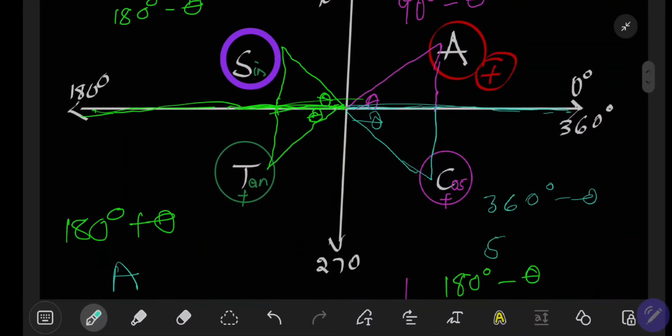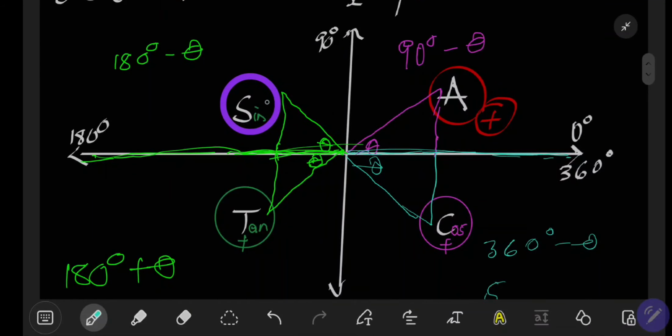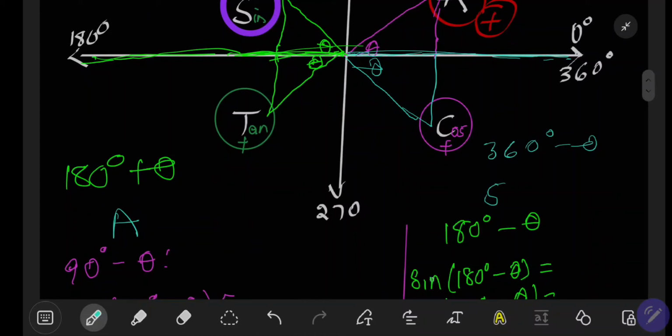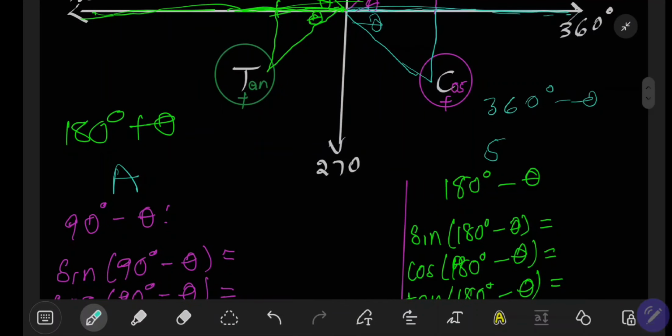What this tells us is that here on the second quadrant, only sine is positive if we have an angle like this. If we have an angle like 180 degrees minus theta, then that is where only the sine of that reference angle will be positive. So if we have sine of 180 degrees minus theta, then when we reduce it, we're going to have sine of the angle.